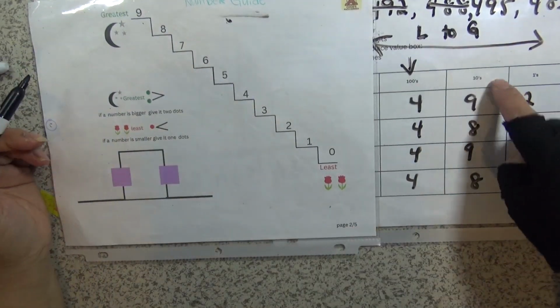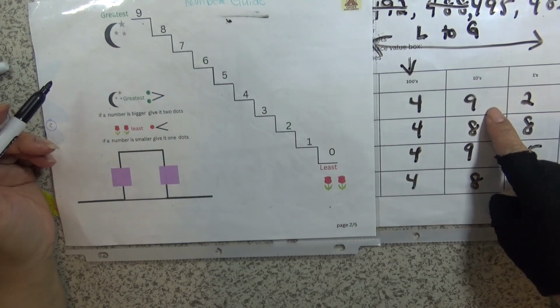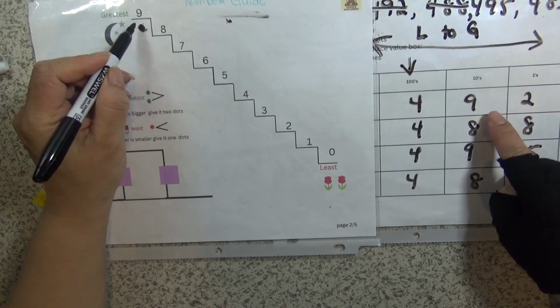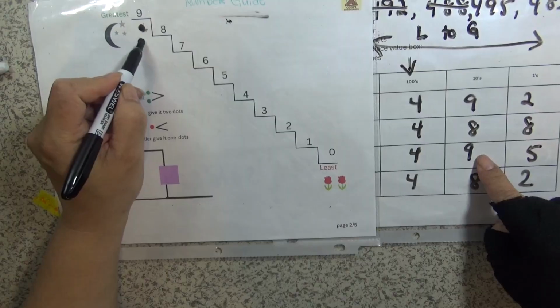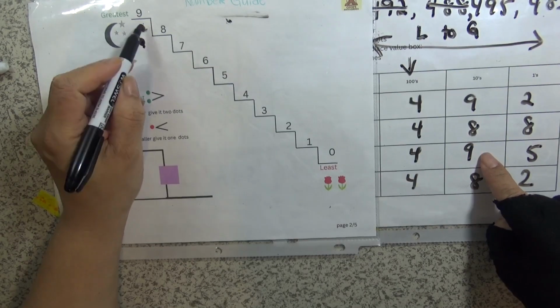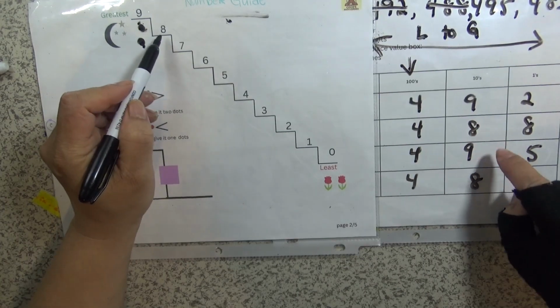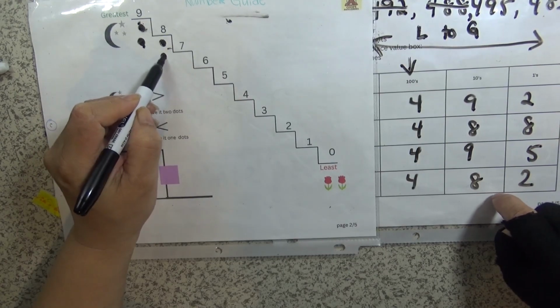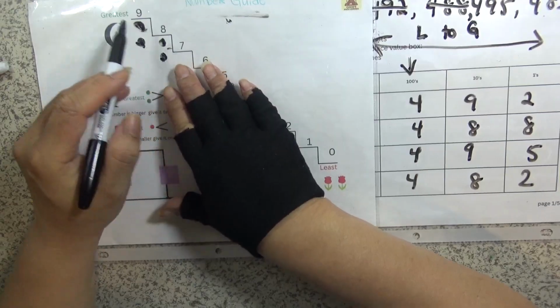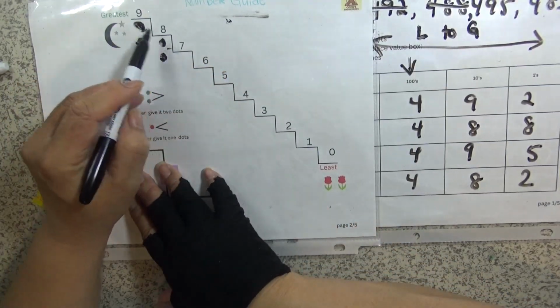Now here at the tens place, we've got a 9, so we're going to make a dot here, and then we have another 9, so we're going to put another dot under the 9, and then we have two 8s. So I'm going to put two dots for the 8. We can just visually see who is the smallest one.